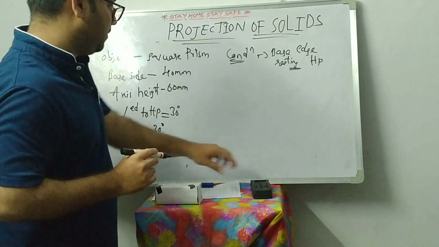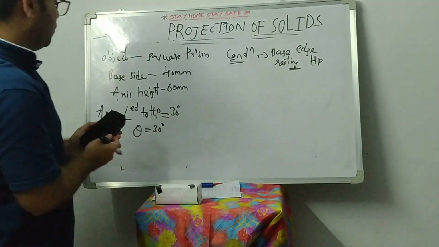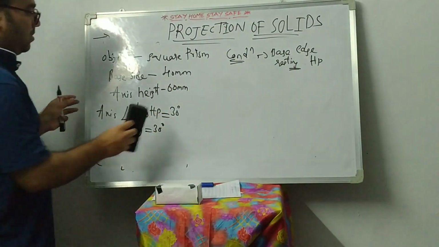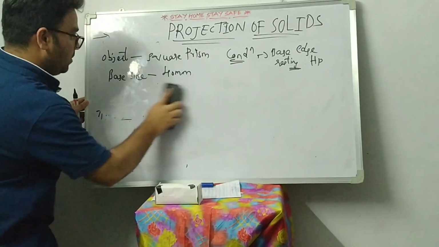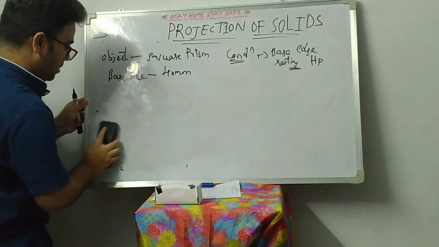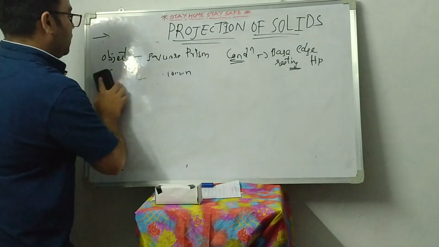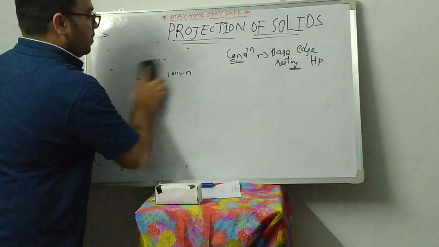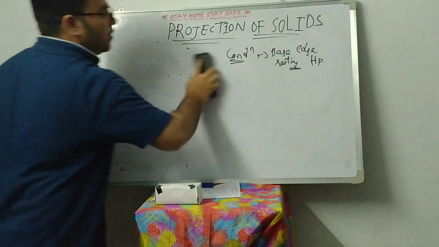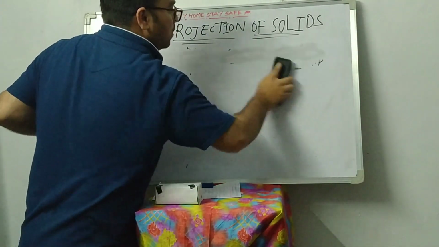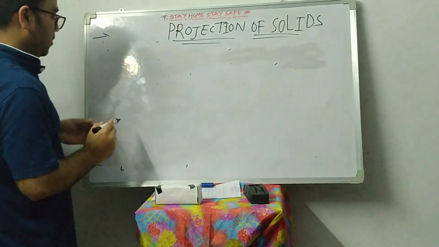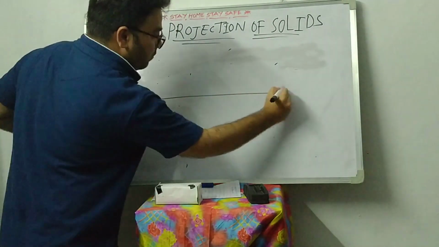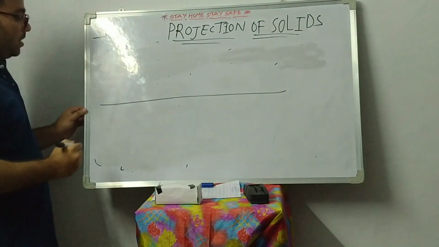So let us see the initial step. I am erasing this because the board is very small. First of all, draw the reference line.